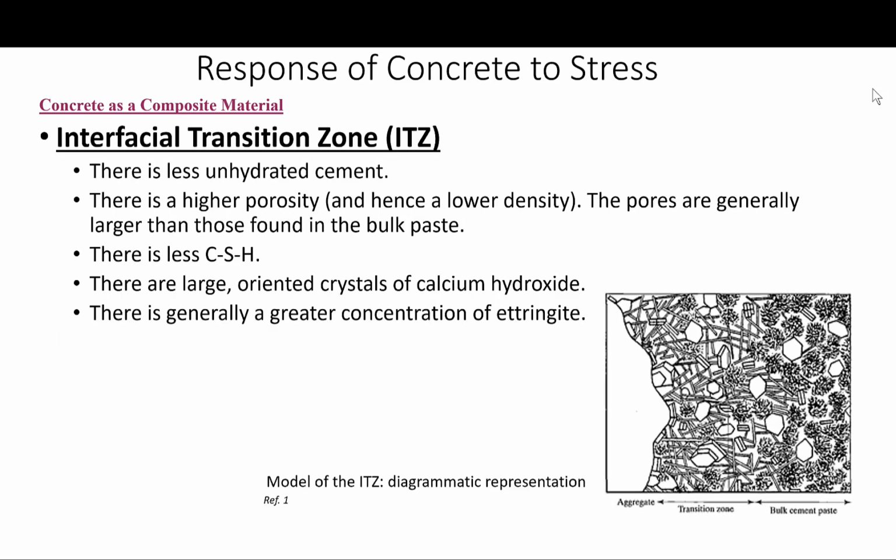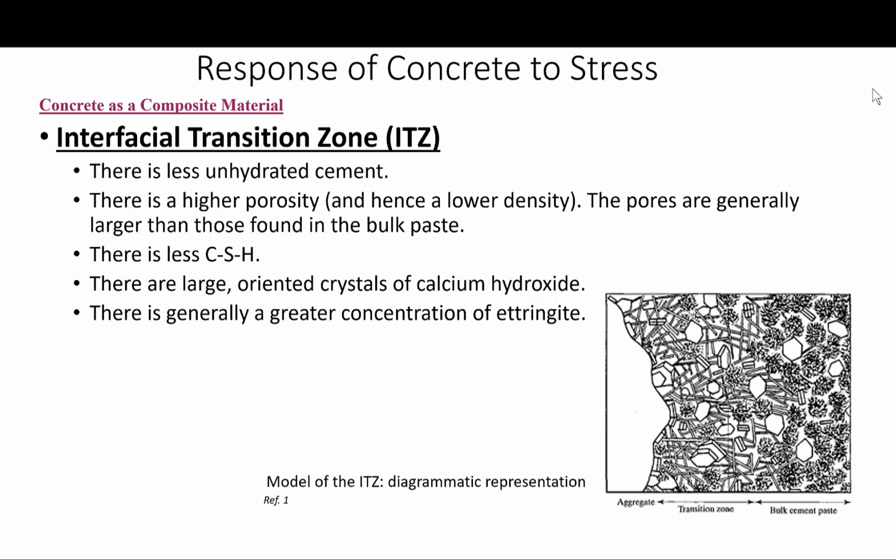This zone, typically about 20 to 40 micron thick, is, as we said, referred to as the interfacial transition zone, or ITZ.